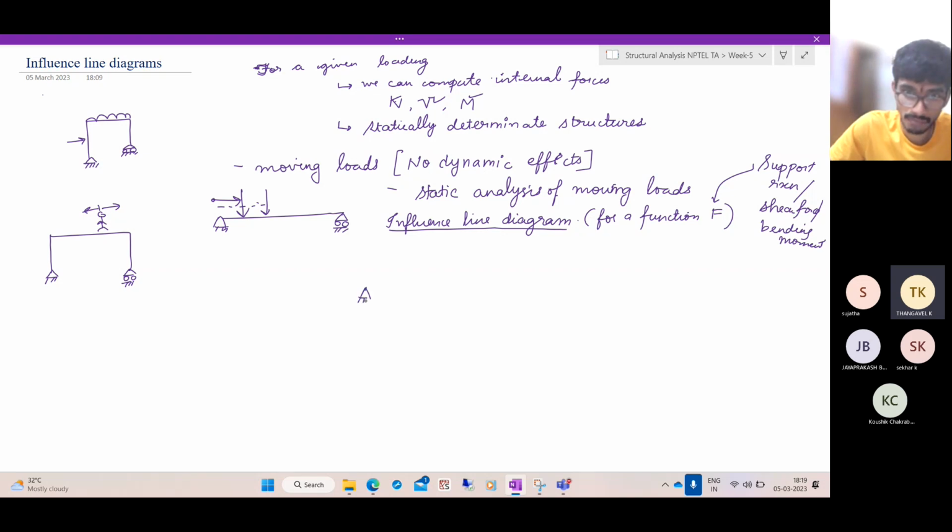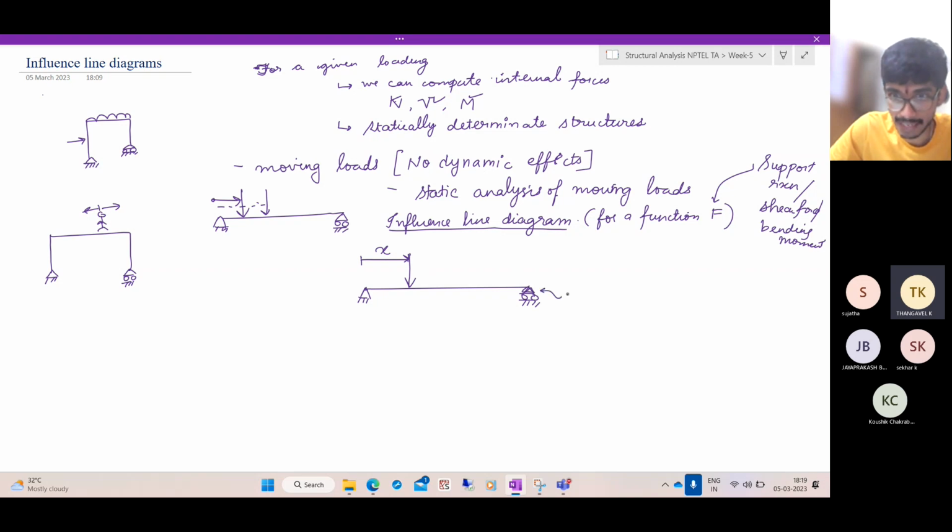If we take a beam and apply a point load at a distance x, the influence line diagram for a given function, suppose I take this reaction as f.